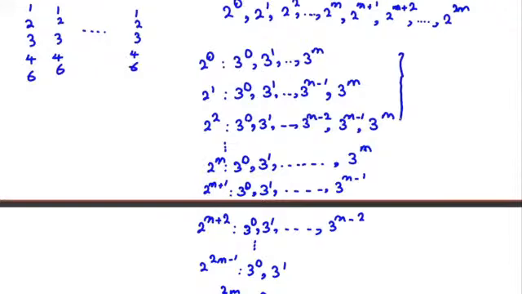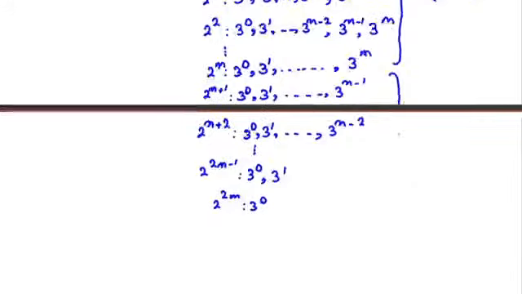If we consider these parts up to here, 2 to the 0 to m, 2 to the m, each of them has n plus 1 cases, and for the other one, it will be what? It will be 1 plus 2 to m plus 1. 1 plus 2 to 0 to m minus 1 is m, which will be m times m plus 1.